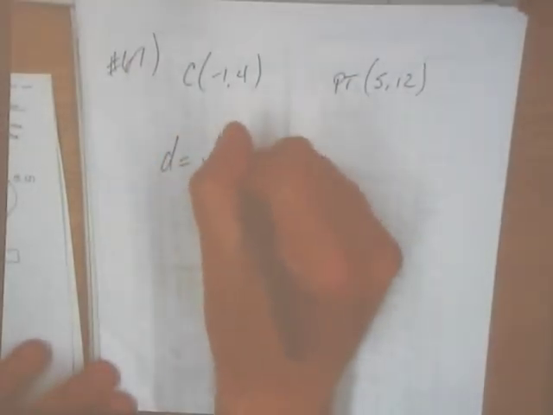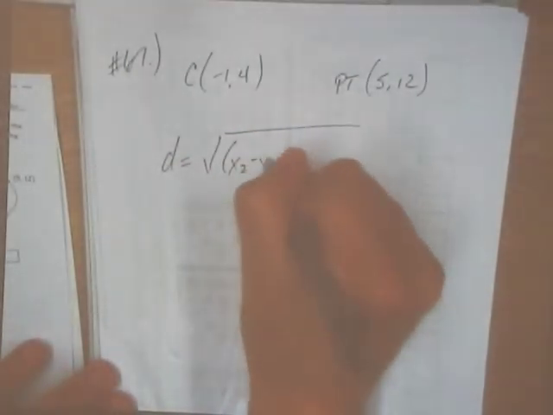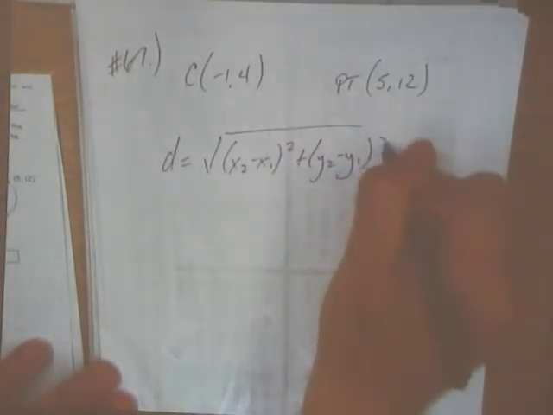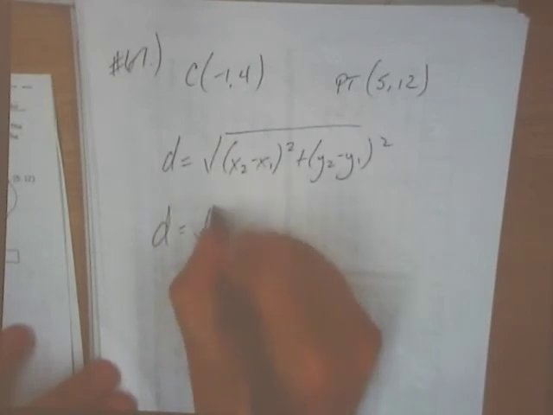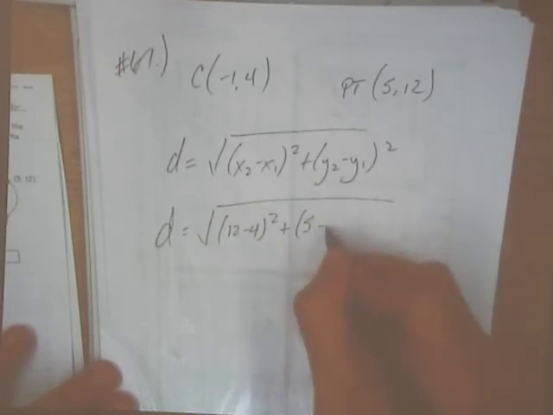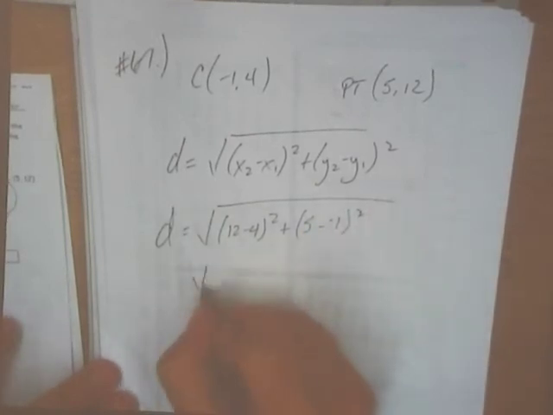Distance is equal to square root. So let's go 12 minus 4 squared plus 5 minus -1 squared.